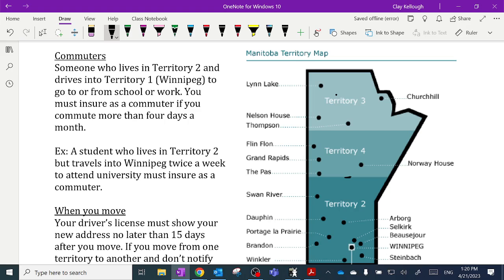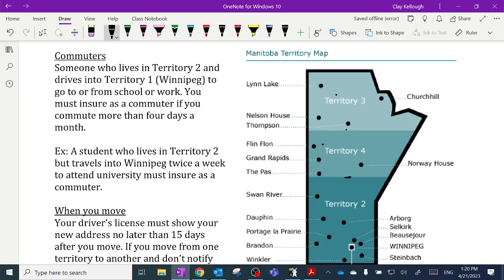to go through some rough roads, although that's not entirely true of Thompson. I honestly don't understand why Thompson and Flin Flon aren't in the same territory, but for some reason they're not. It's a nice highway all the way to both those cities. But by the time you get to the other places up here, Churchill you can't even actually drive to, right? You'd have to have your vehicle shipped there by rail, or I guess it could come in on the boat.